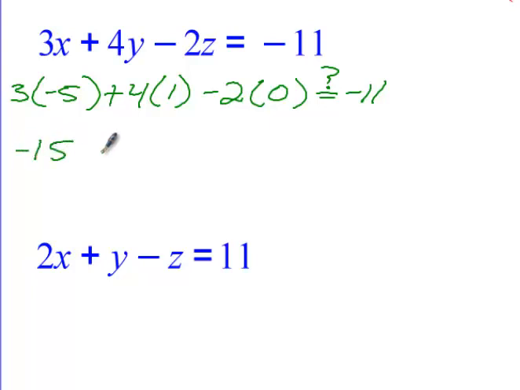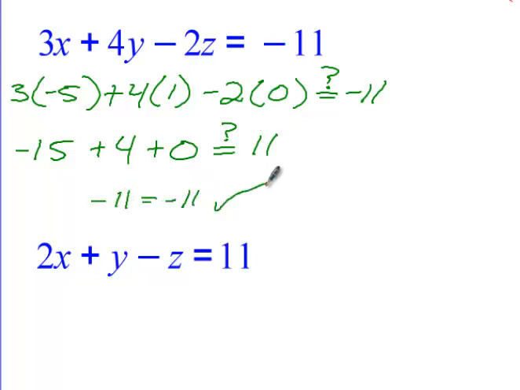Negative 15. What's 4 times 1? Negative 2 times 0. All right, so what's negative 15 plus 4? So is negative 11 equal to negative 11? Okay, so far we're good, right? But does that mean that I'm done? Okay, I got to do it for every other part too.